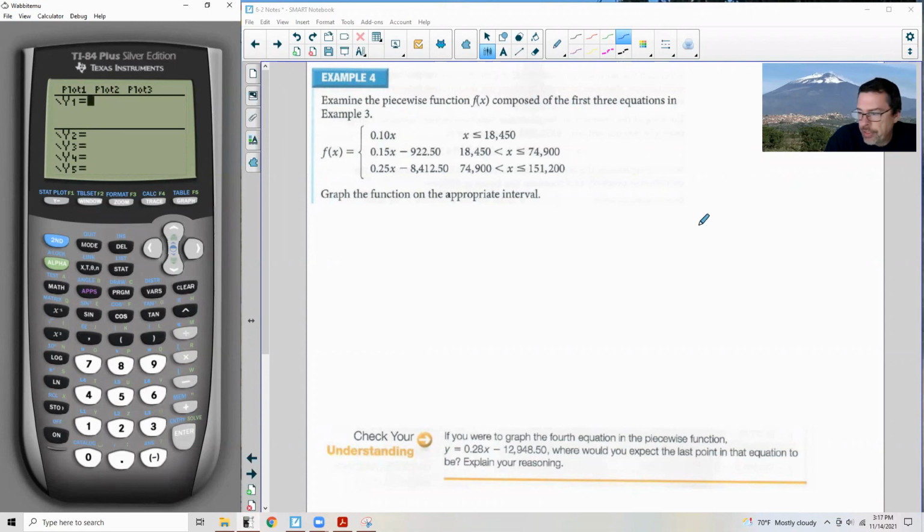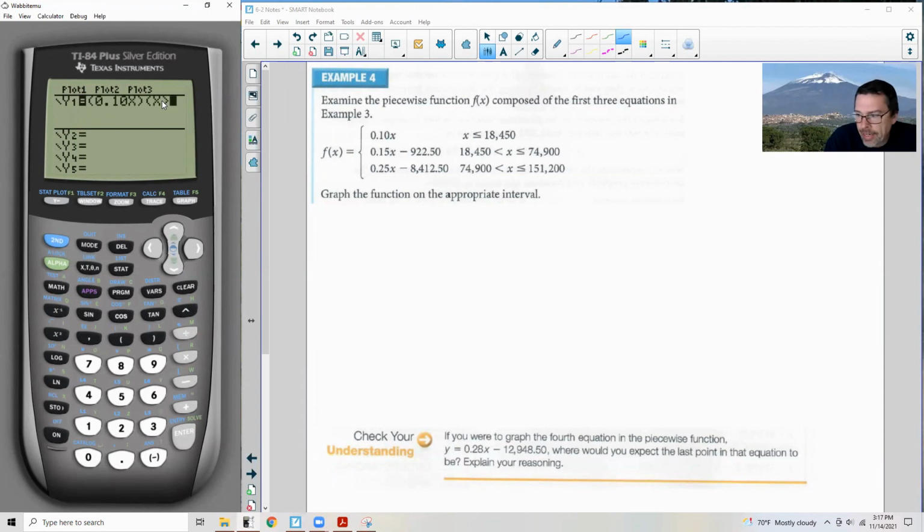The way you want to do this is put the equation in parentheses, 0.10x, and then another parentheses, and then x, and then there's greater than, less than. You press second, then math, and there's your logic. The greater than is 3.